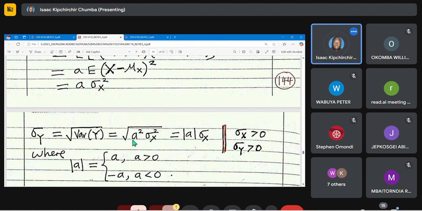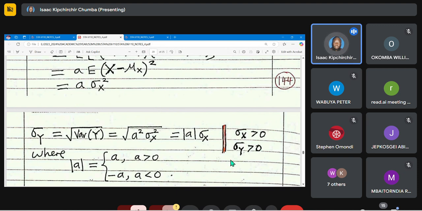But now, when we want to get the square root of a squared, we write it as mod a, because standard deviation here is taken to be positive. So in general, the standard deviation of x is taken to be positive, and the standard deviation of y is taken to be positive.